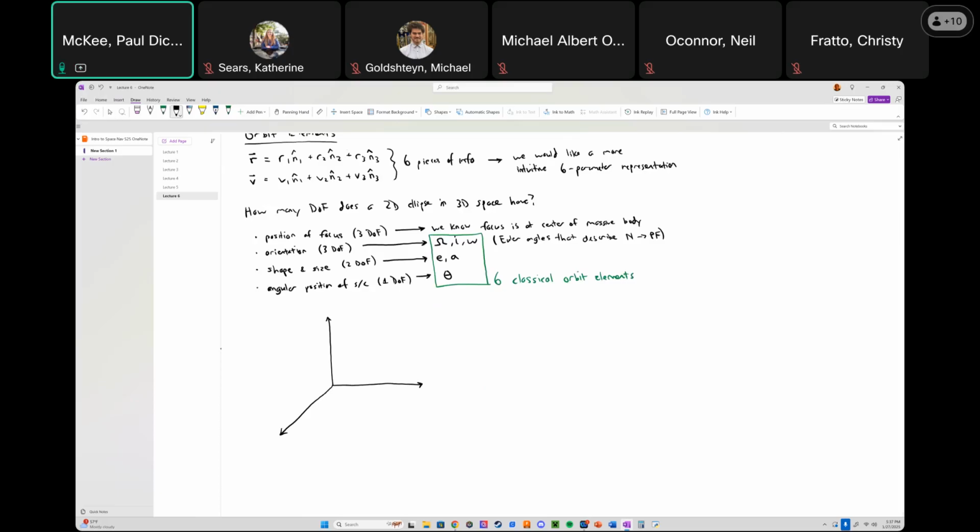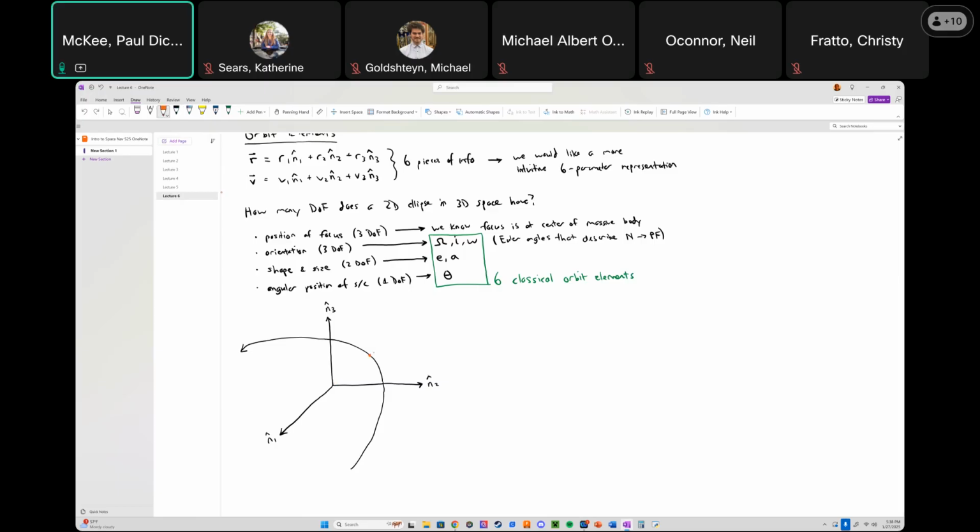Let's say there is a spacecraft that orbits like that. So this is the orbit of the spacecraft. This is the Newtonian reference frame, N1, N2, N3. And let's say that the point of closest approach is right here.